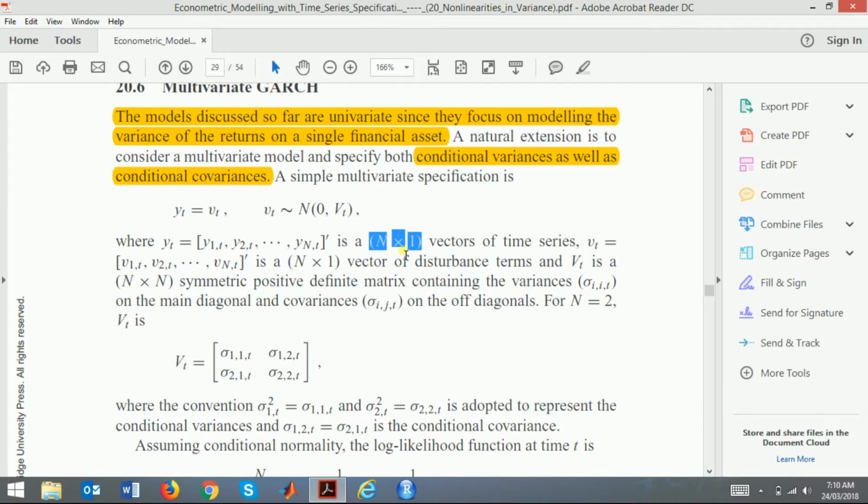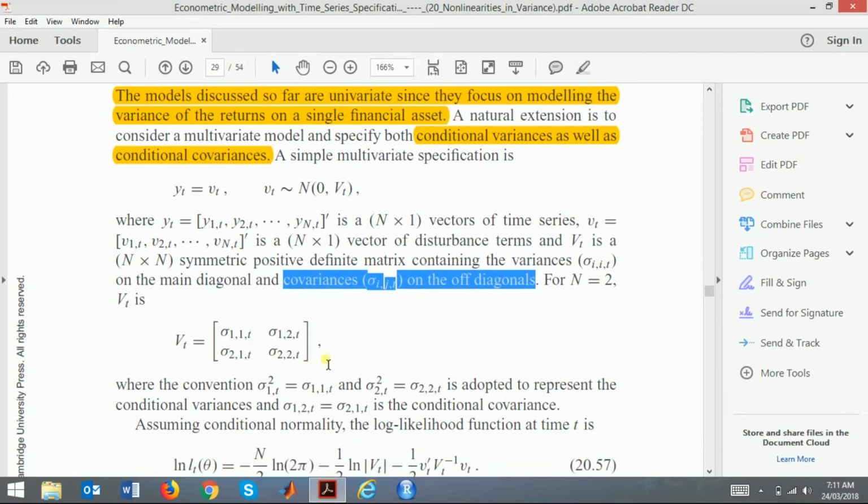Epsilon is also an n by 1 vector of disturbance terms, and V, the multivariate conditional variance, is an n by n symmetric positive definite matrix containing the variances on the main diagonal and the covariances on the off diagonal.